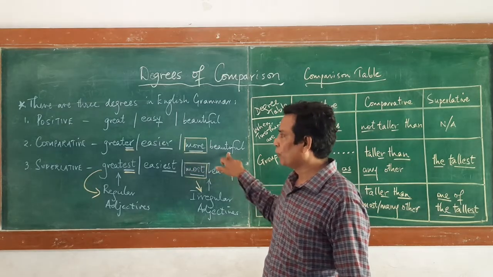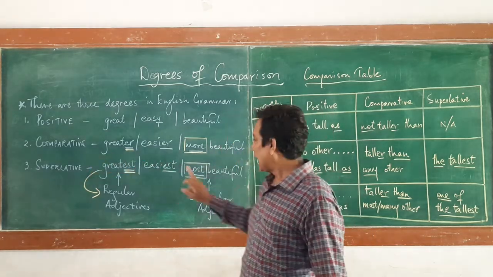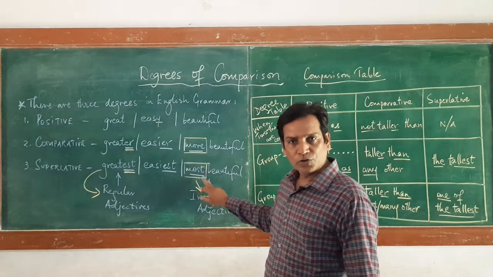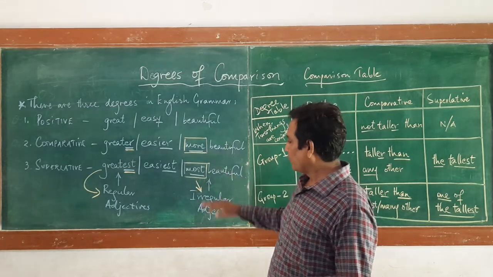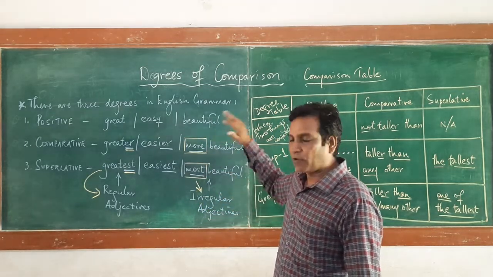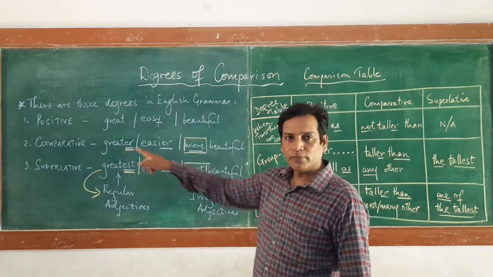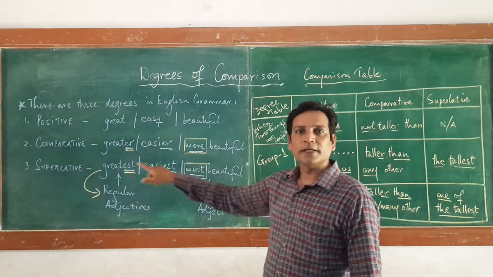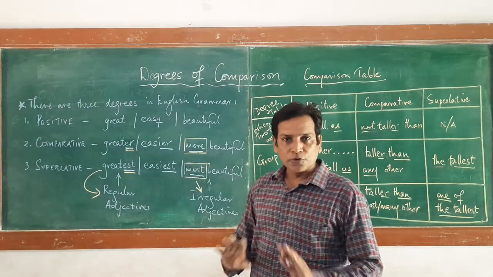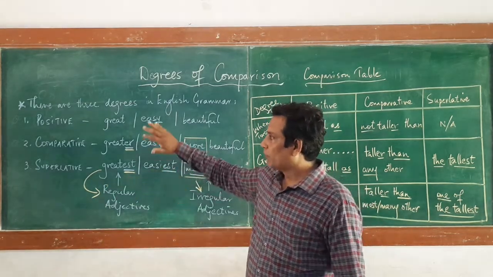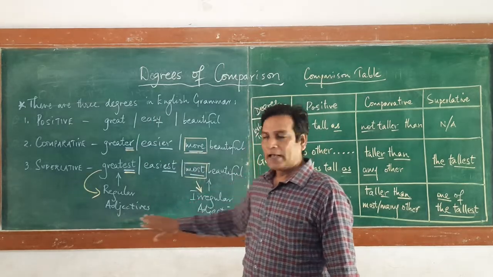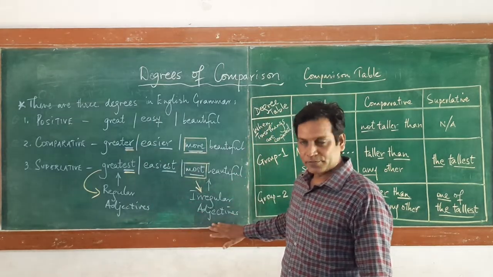That is more beautiful for the comparative form, and for the superlative form, most beautiful. So wherever you come across irregular adjectives, always remember that you have to add more in the comparative form and most in the superlative form. Now I think you are aware of what regular and irregular adjectives are.